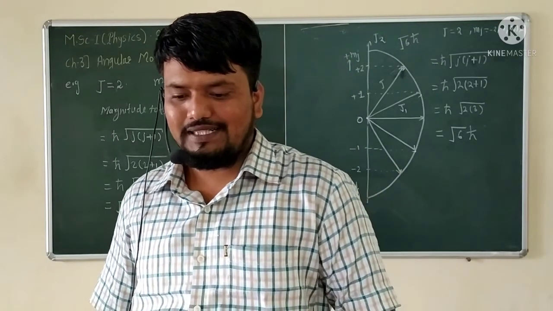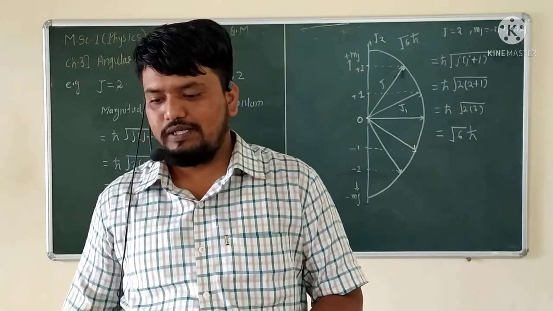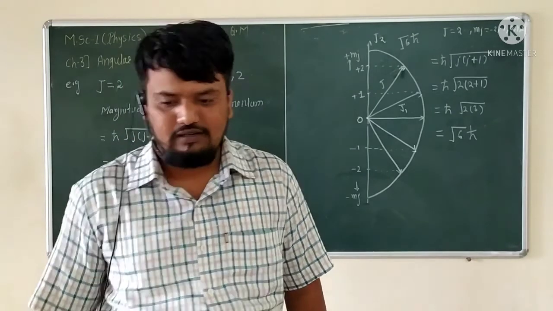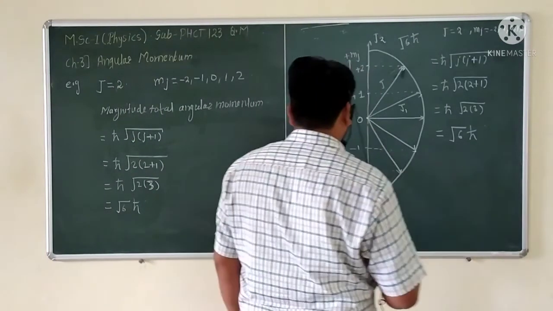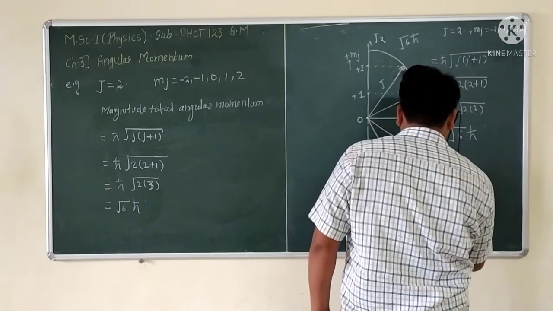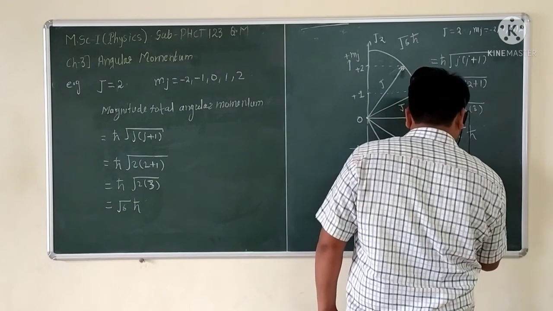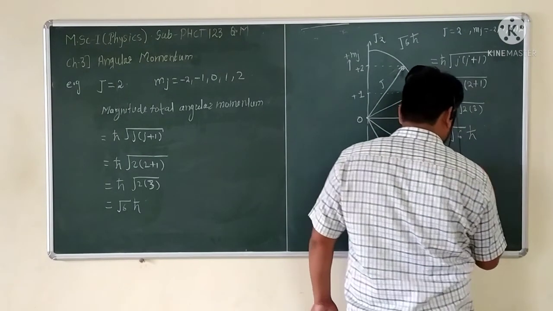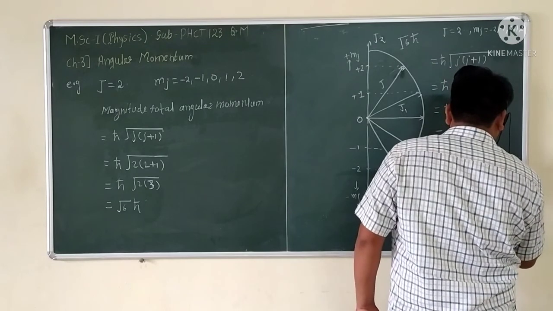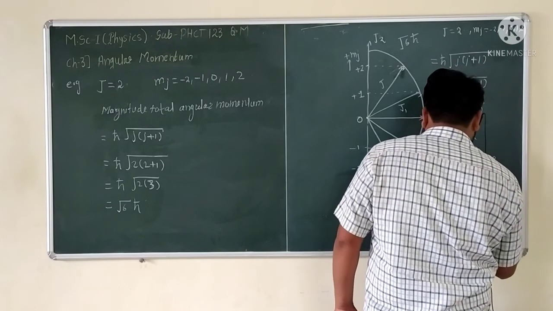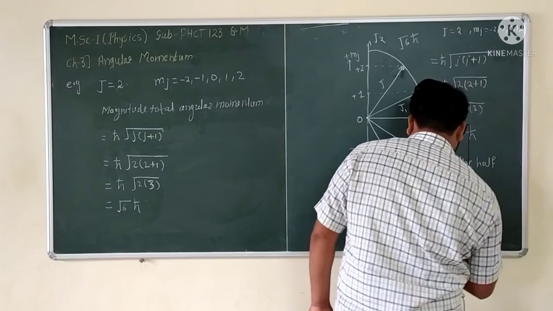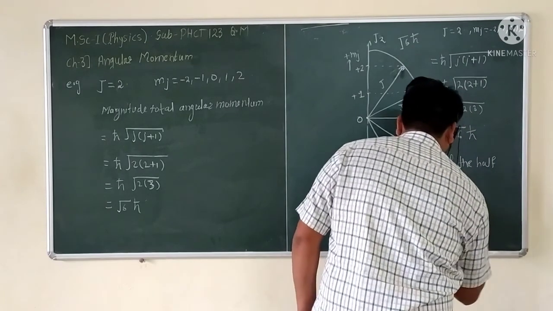And we can see that it rotates along the surface of a cone of the half angle, okay. This cone of the half angle is nothing but theta, okay.